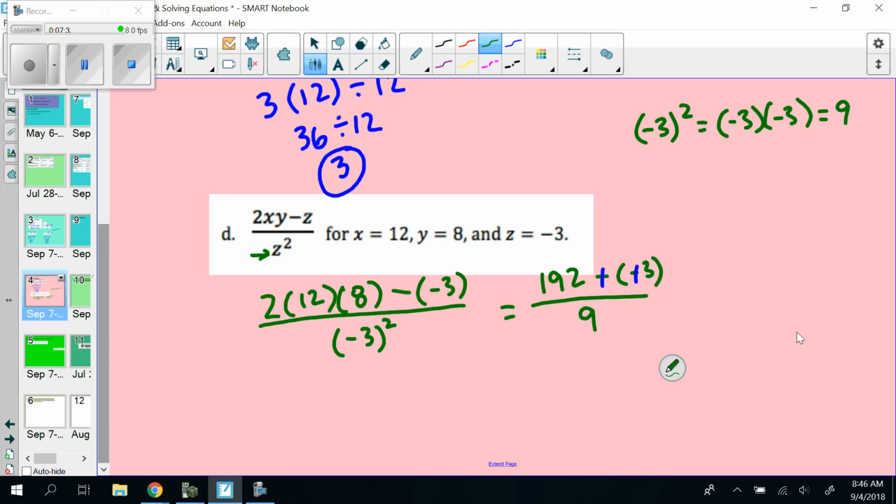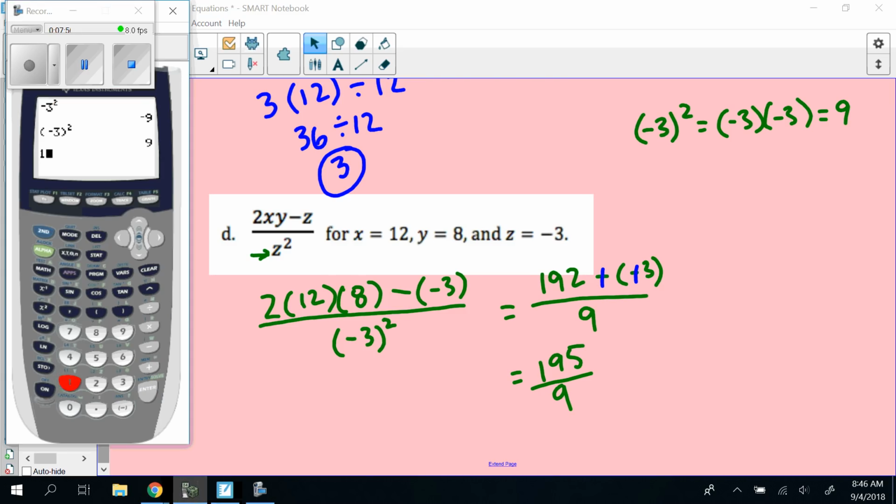So that is going to come out to be 195. And we do want to simplify the whole top and whole bottom, the numerator and the denominator, before getting to the final answer here. So that is going to come out to be, let's see, looks like we get an answer of about 21.6.